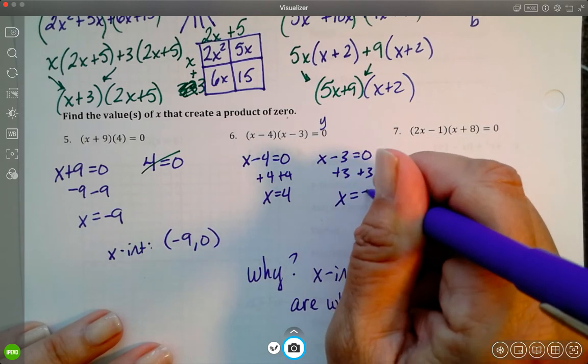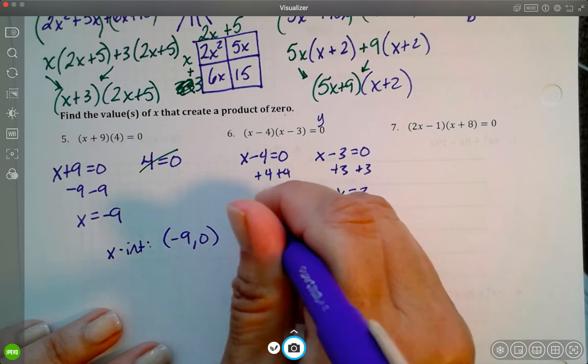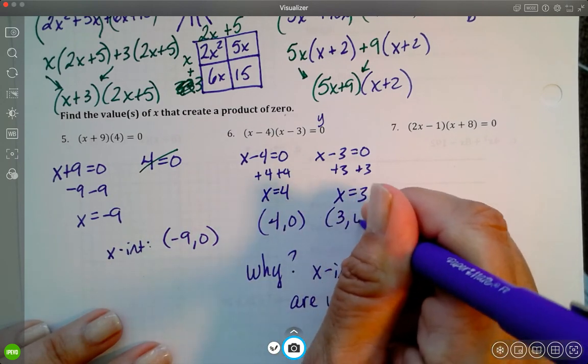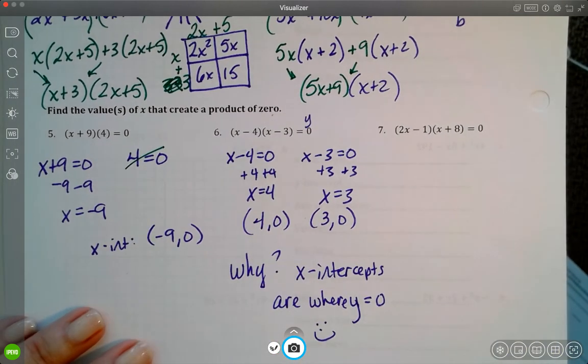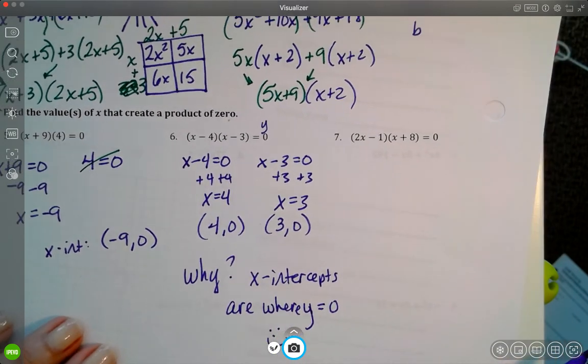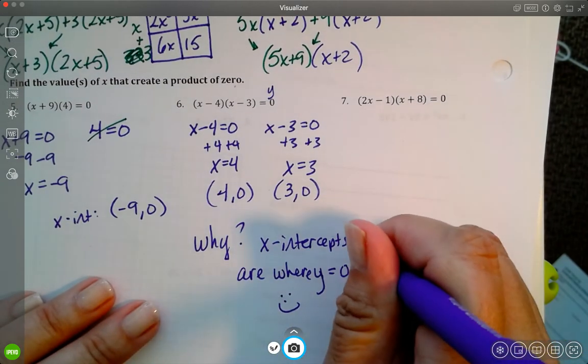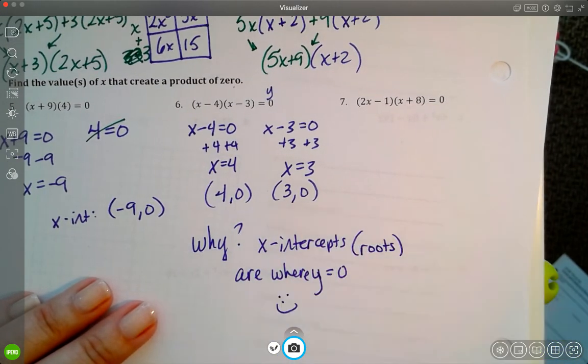So I have 2 x-intercepts. One is at 4, 0, and the other one is at 3, 0. That gives me a clue to graphing that quadratic, what the x-intercepts are. These x-intercepts are also called roots. We'll talk about that later.